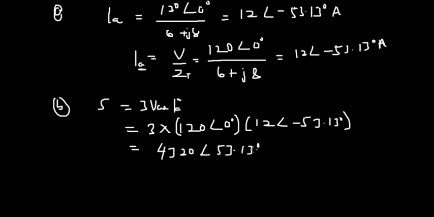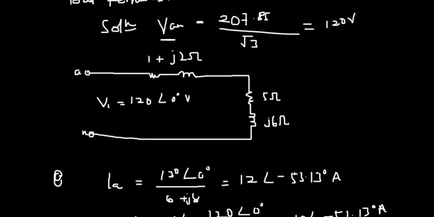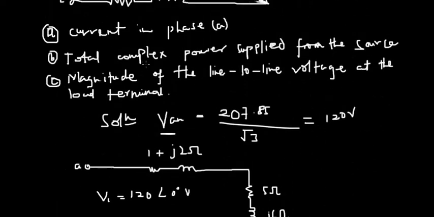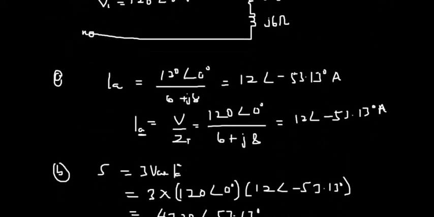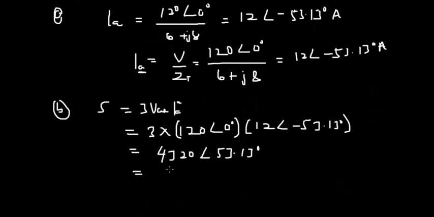And then you can just convert this into complex form, because we are to find the answer in complex form, not polar. So you can just use your calculator to convert this.